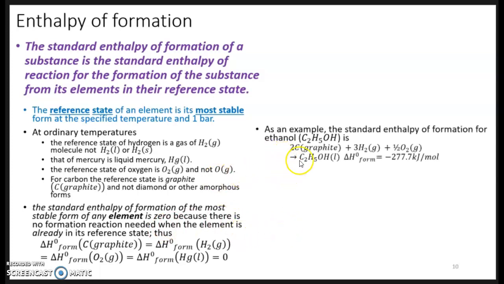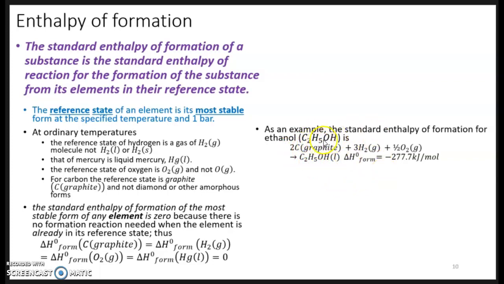Okay, so for example, if we were to look at the standard enthalpy of formation of ethanol. Ethanol is made up of carbon, hydrogen, and oxygen. So the two carbons in their reference state are carbon graphite. So we have 2C to make up for the 2 there.